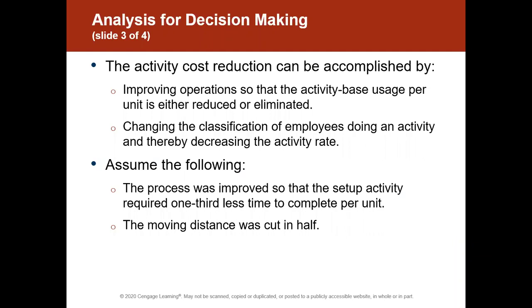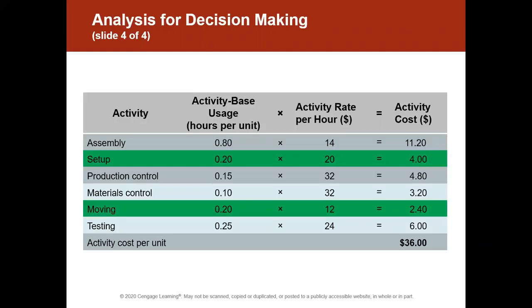So now we look at these and we're like, oh, well, setup costs dropped and moving costs dropped. And so then the question you start asking yourself is, why did it drop? And what can we do about that? How can we keep it dropped, right? And did it really drop, or did we just reallocate the cost to another department, which isn't a real savings for the organization, but it's a value because at least it makes things more accurate.